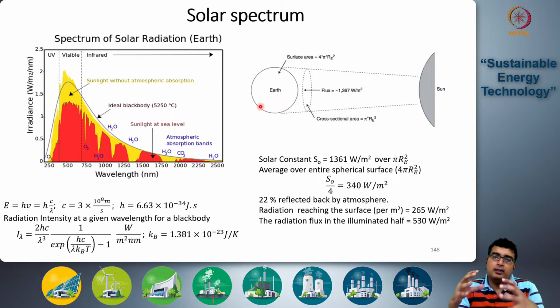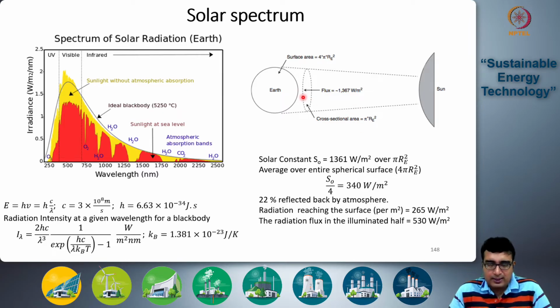Alright, so if we look at the earth and the sun and project a circular cross-sectional area which is facing the sun with respect to earth, the area of this circular cross-sectional area is equal to pi r square, where r is the radius of the earth. And the total radiation flux that is captured by this circular cross-sectional area is the total energy that is hitting the earth from the sun.